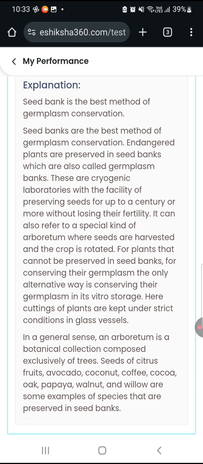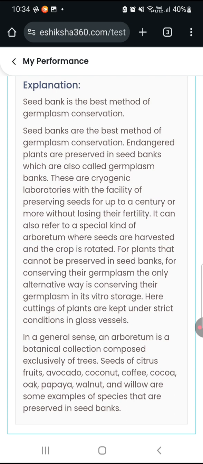It can also refer to a special kind of arboretum where seeds are harvested and the crop is rotated. For plants that cannot be preserved in seed banks, the only alternative way of conserving their germplasm is in vitro storage.